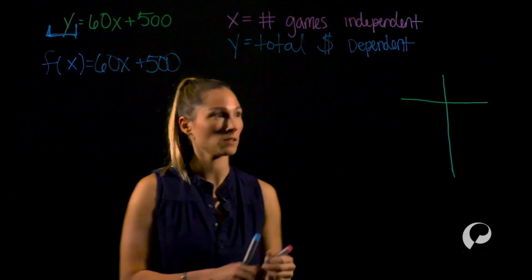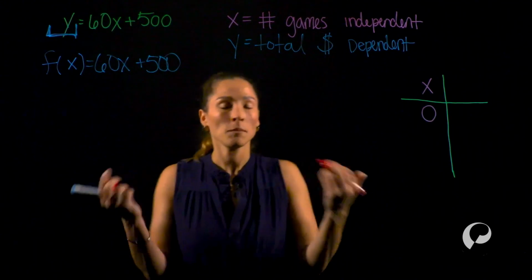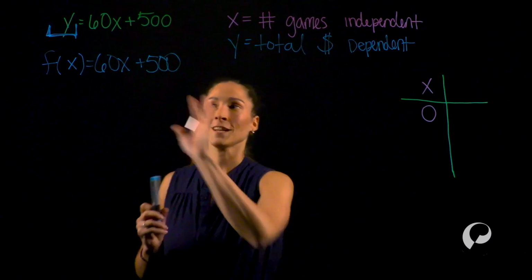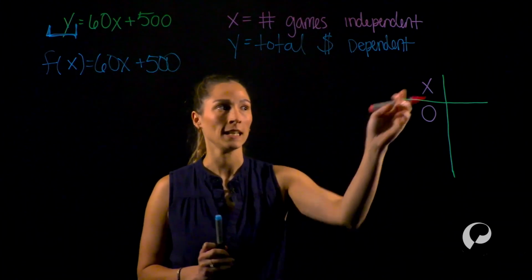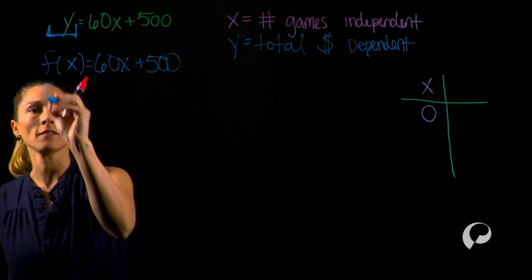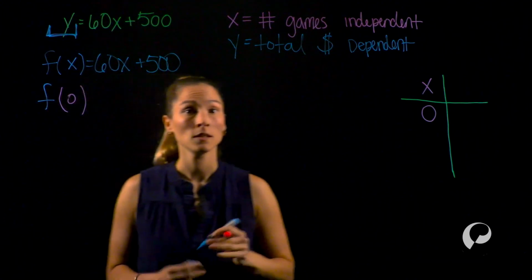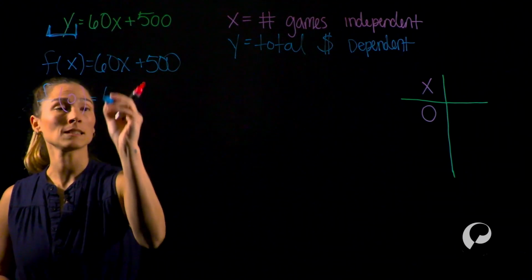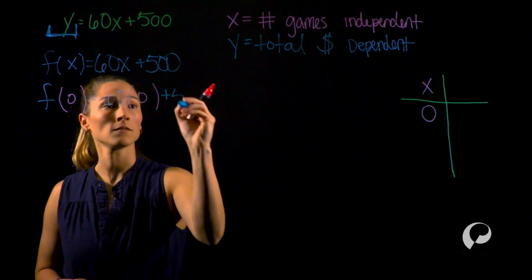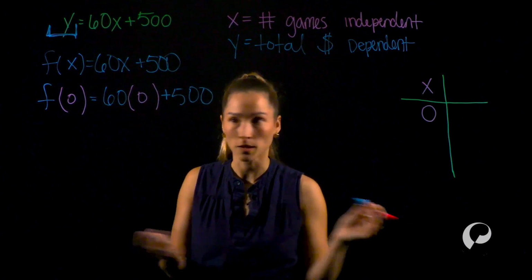If you purchase 0 games, how much does it cost? Now, immediately you may be able to find the answer, but I do want to show you algebraically how to find that x input of 0. So here we'll have f of 0, your new x value is 0, equals 60 times 0 plus 500. 0 games cost $0.